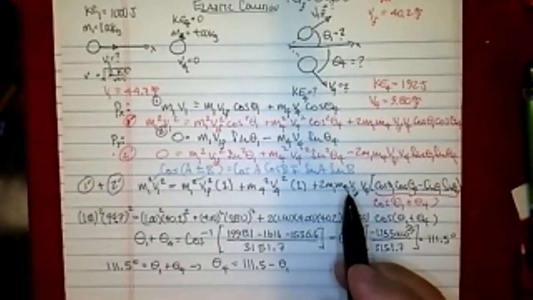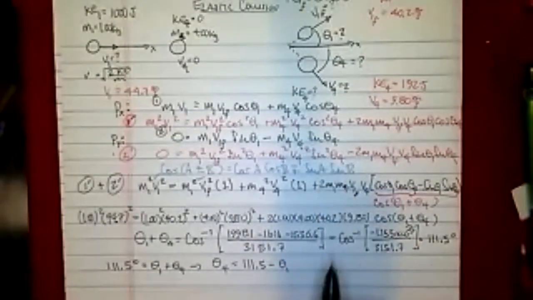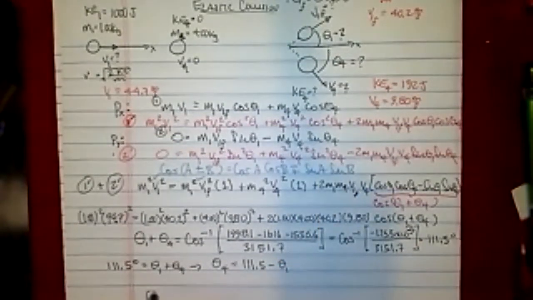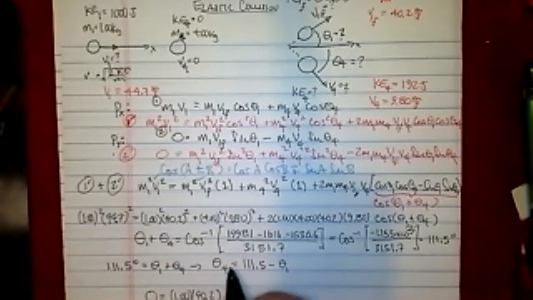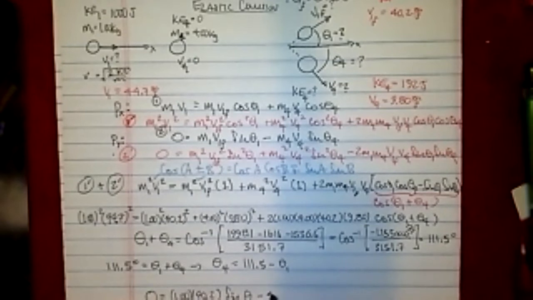So now I can go back in equation 2, and that's equation 2, not 2 prime, and plug this in, and I'll get 0 is equal to, I'll go ahead and put in the numbers, M1 V1 final, that'd be 1.00 times 40.2 times the sine of theta 1, minus M4, which is 4.00 times 9.80, which is V4, times the sine of theta 4.